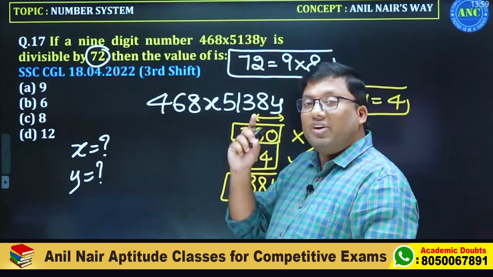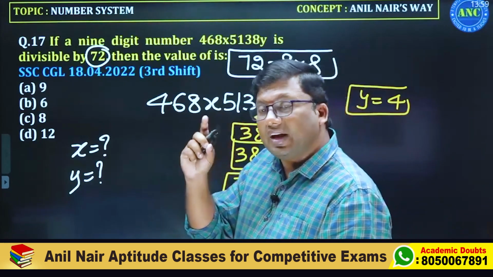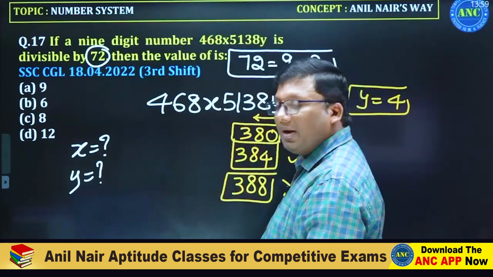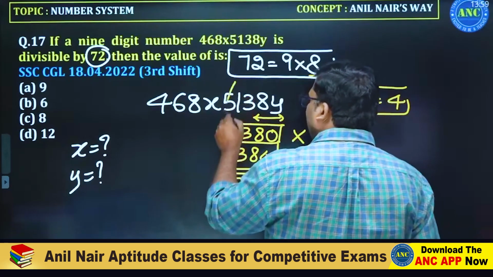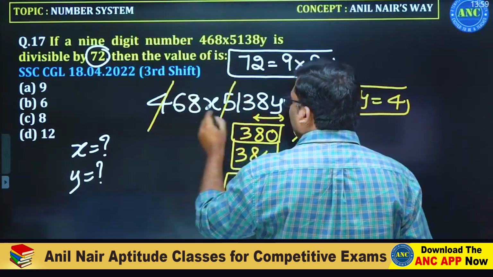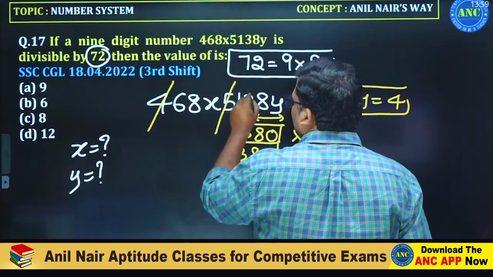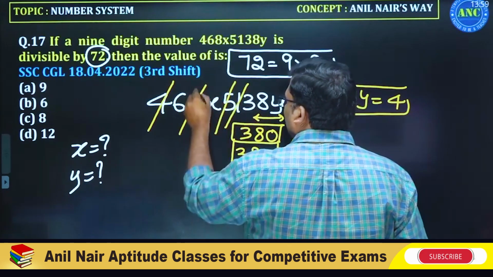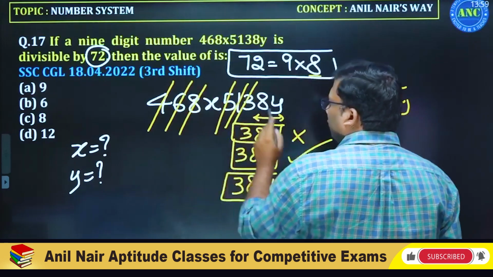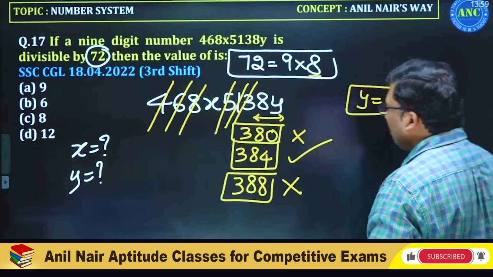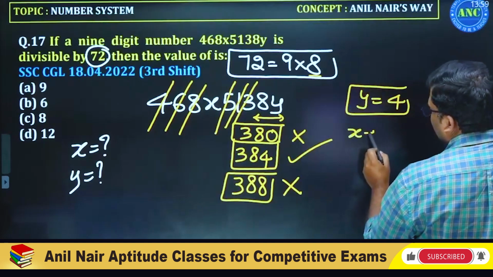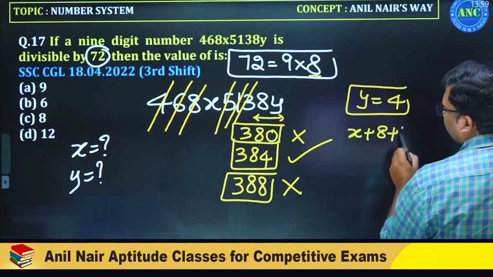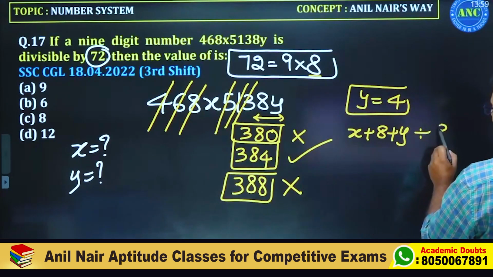We did this when the number is divisible by 8. It should also be divisible by 9. The sum of the digits should be divisible by 9. 5 plus 4, 9. 8 plus 1, 9. 6 plus 3, 9. That means x plus 8 plus y should be divisible by 9.